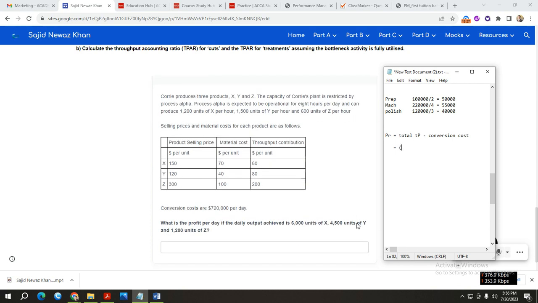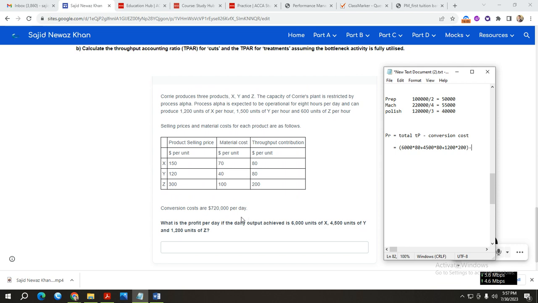So very simply, we're making 6,000, and each X is going to make a throughput of 80, plus we'll be making 4,500 units of Y, and each of this is going to be making a throughput of 80, plus we'll be making 1,200 units of Z, and each of these units will be making a contribution of $200. All right. This is my total throughput.